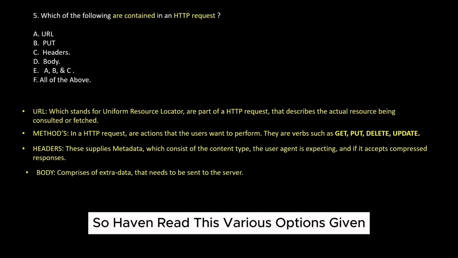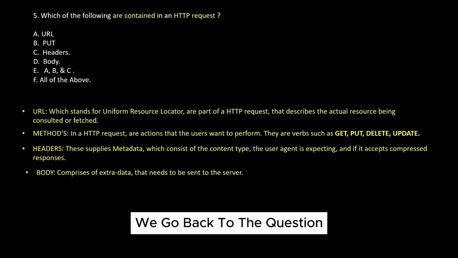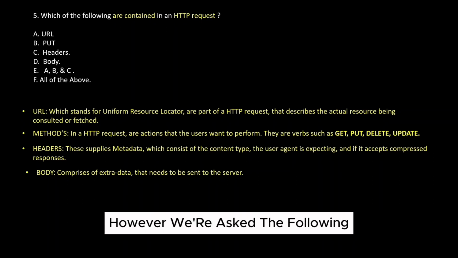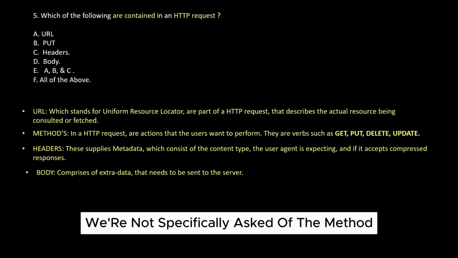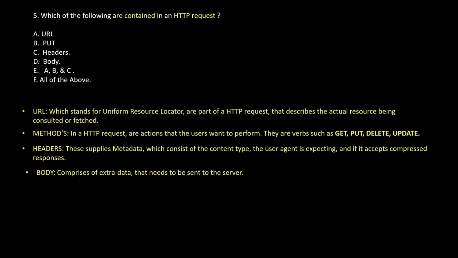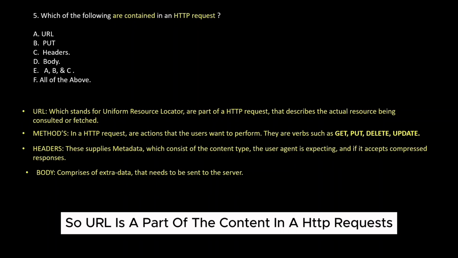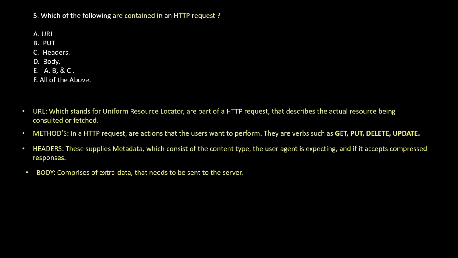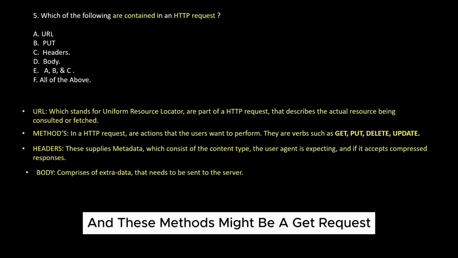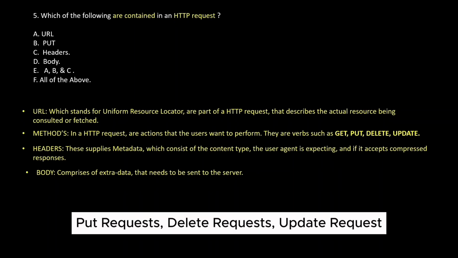So having read these various options given, we go back to the question. This question looks similar to question number 4. However, we were asked which of the following are contained in an HTTP request. We're not specifically asked about the method, we're asked about the HTTP request in its entirety. So URL is part of the content in an HTTP request. Methods are also part of the content, and these methods might be a get request, put request, delete request, update request.